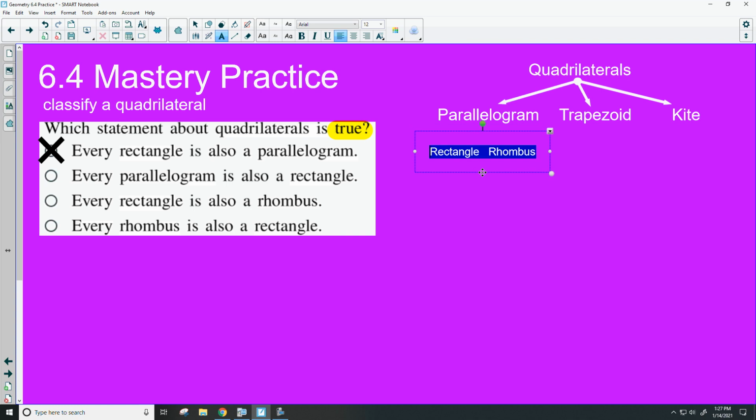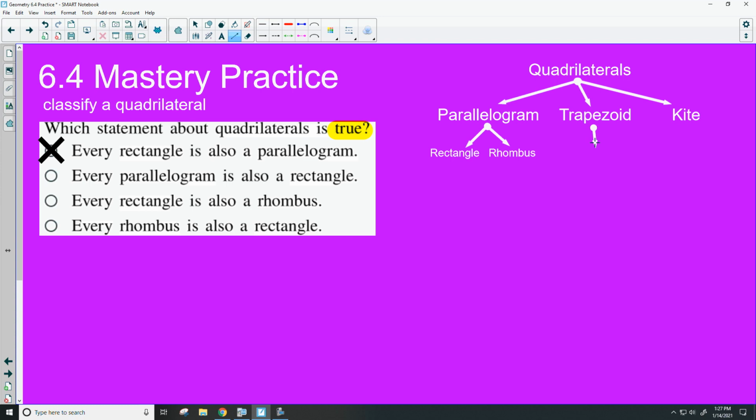If it has 90-degree angles, we call it a rectangle. If it has congruent sides, we call it a rhombus.